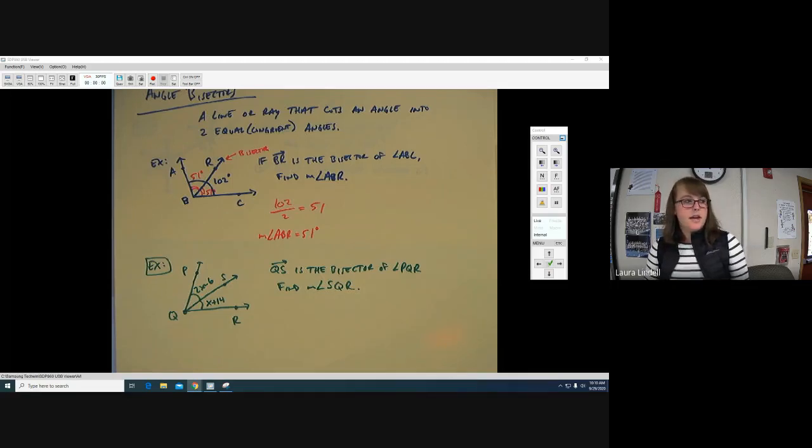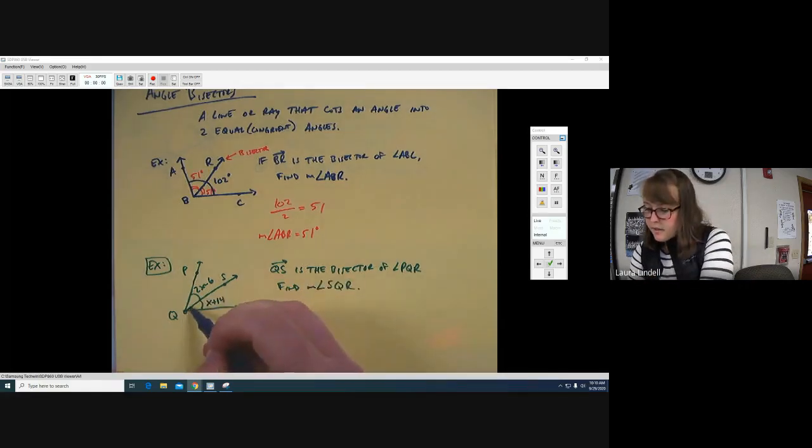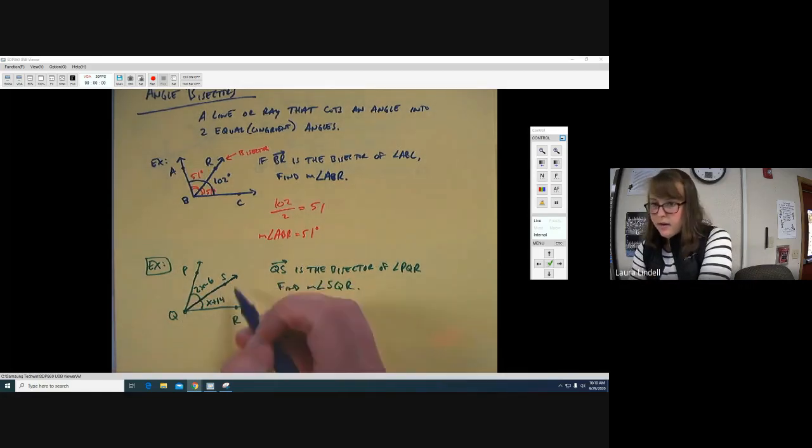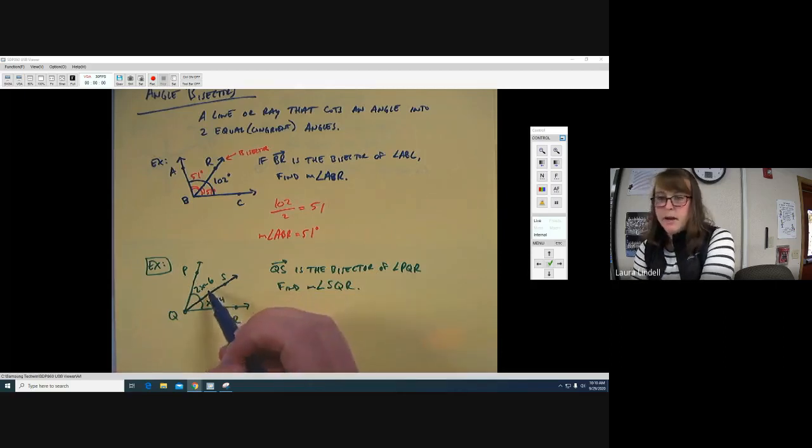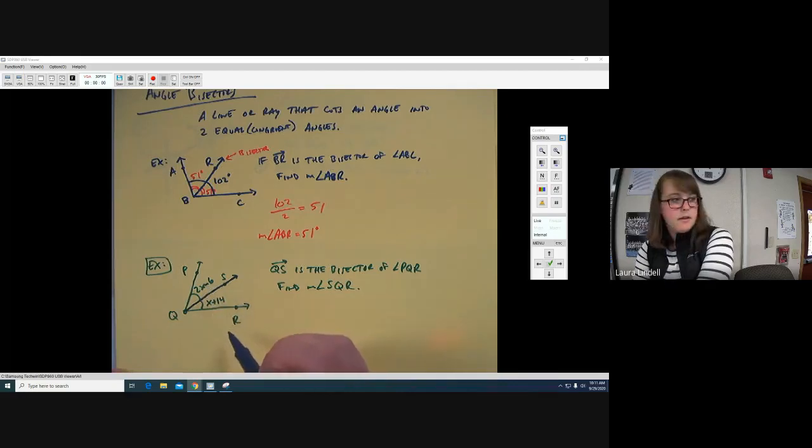So this is another case where since it's cutting it into two congruent equal angles, that means that this ray here, it says 2x minus 6. Thanks, Christy. 2x minus 6 here. And this says x plus 14 right here.